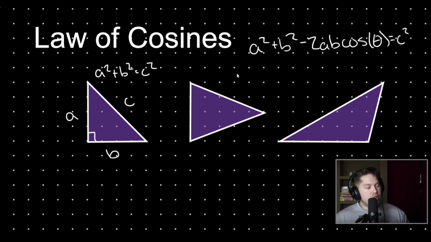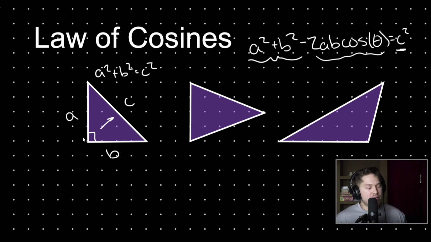Now let's go over and look at our law of cosines. Well, we have our a squared plus our b squared, and then we have all this mumbo jumbo. What is theta? Theta is always the angle opposite your missing side. So in this case, our angle opposite our c.